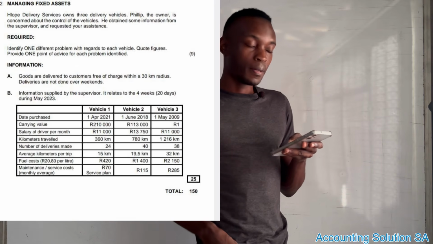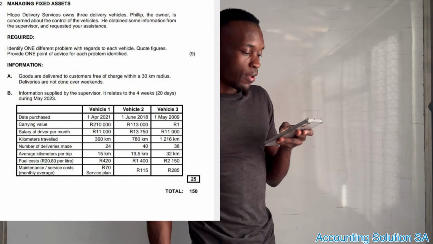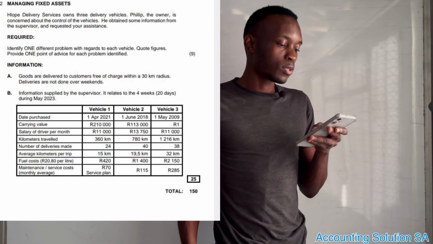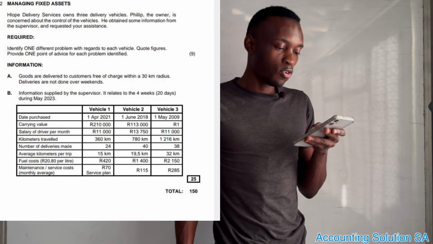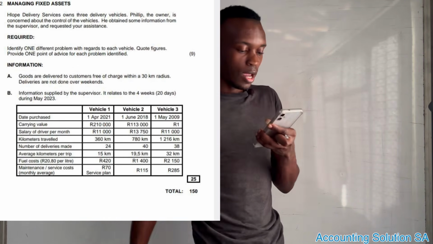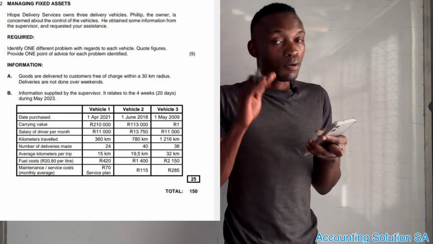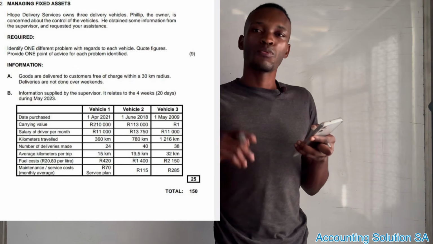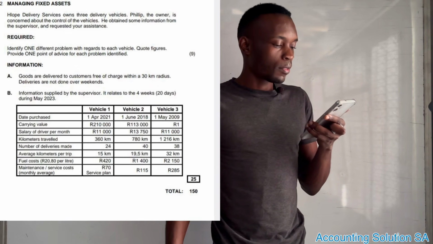Managing fixed assets. Shompo Delivery owns 3 delivery vehicles, and Philip, the owner, is concerned about the control of the vehicles, and he obtained some information from the supervisor and requested your assistance. Then he said, identify one problem. They say problem. A problem is a problem. Don't identify good things. They say problem.